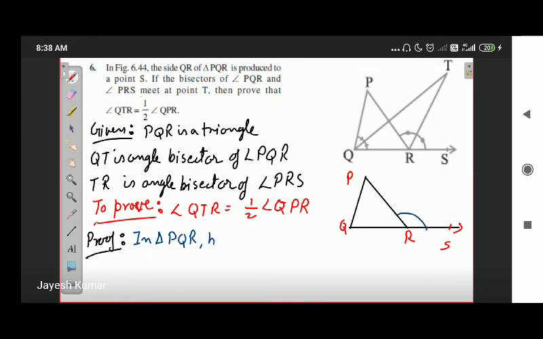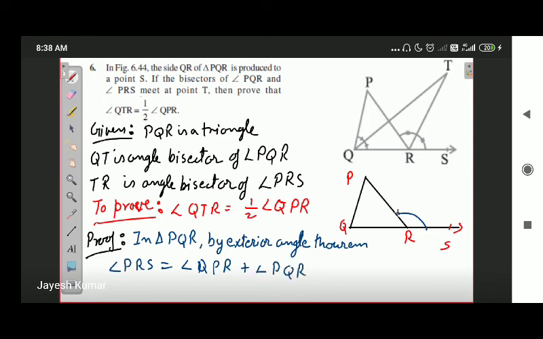By exterior angle theorem, angle PRS is equal to angle QPR plus angle PQR. What I am saying is angle PRS is equal to the sum of the opposite interior angles of this triangle. This is the exterior angle theorem of the triangle.